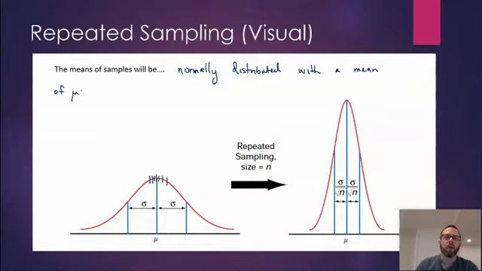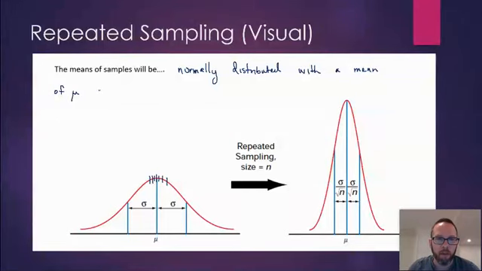So again, in theory, when you take a bunch of samples and find the means of those samples and then find the average of those means, in theory, it should be the population mean. So that's where we get the mean of mu. And in theory, all those sample means we get should be a lot more tightly packed together than the actual population. So the standard deviation will be smaller too.